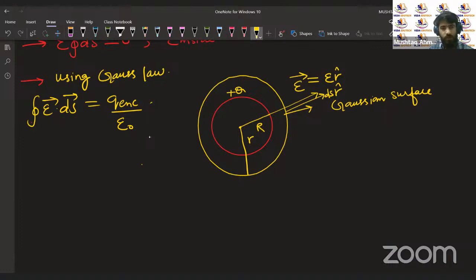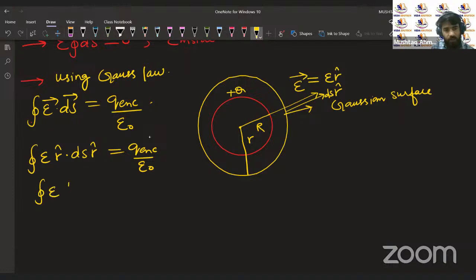Let's suppose that this electric field has the magnitude E and is directed radially outwards in the r cap direction. So the integral of E r cap dot ds r cap is the charge enclosed upon epsilon naught. r cap dot r cap will once again be equal to 1. So we'll be left with E ds.